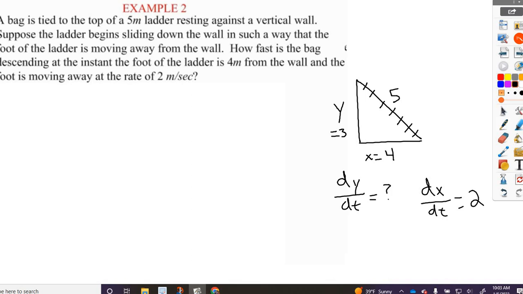So notice that x squared plus y squared has to equal 5 squared, 25. Sorry.